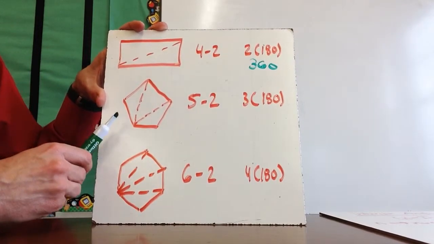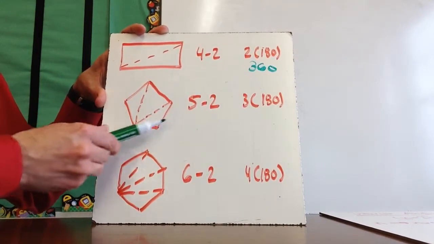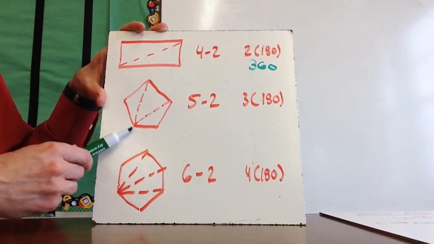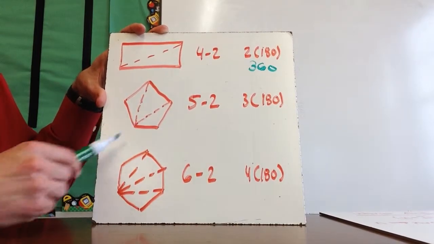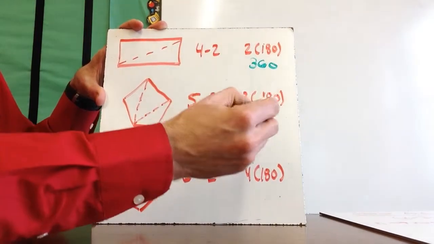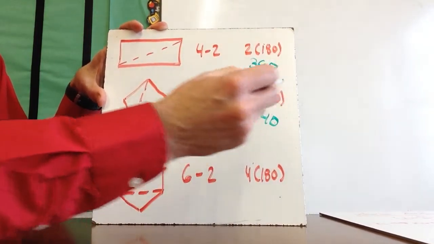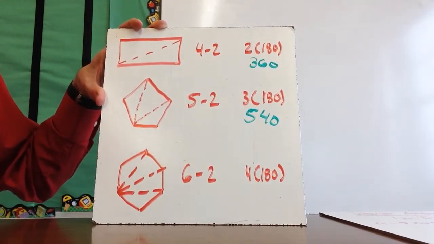If you look at this shape, which is a pentagon, 5 sides, 1, 2, 3, 4, 5, and I draw the diagonals out of one angle, you'll see that I'm able to cut this into 3 triangles. Each triangle would have 180 degrees, so 5 minus 2 gives me 3. 3 times 180 is 540. There are 540 total degrees inside of a pentagon.